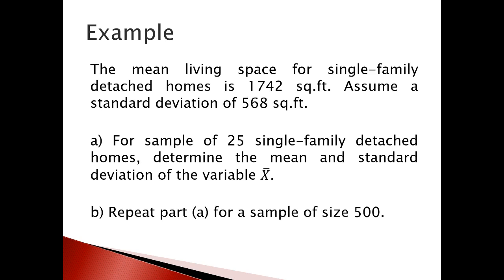Now let's try to identify these terms in our usual notation. Here the variable is the living space. So let's take this X to be the living space and mu is the mean of that variable. So mu is equal to 1742 and sigma is the standard deviation of this variable, which is 568.